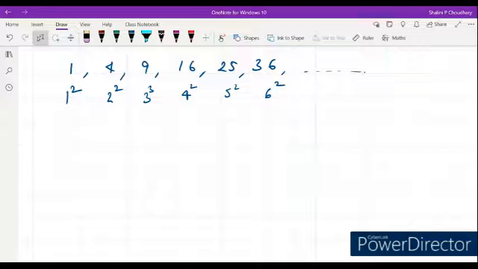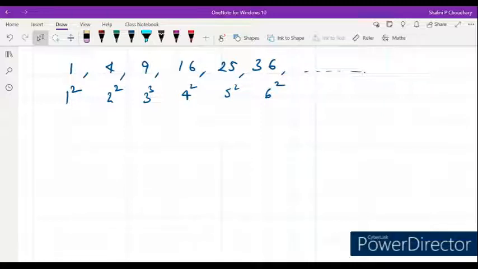Like 1 plus 3 plus 5 plus 7 plus 9 plus 11 plus 13. From 1 to 10 there are 5 odd numbers: 1 plus 3 plus 5 plus 7 plus 9. So what will be the sum of that? That will be 25. How can you find out? There are some tricks that we are going to discuss today.